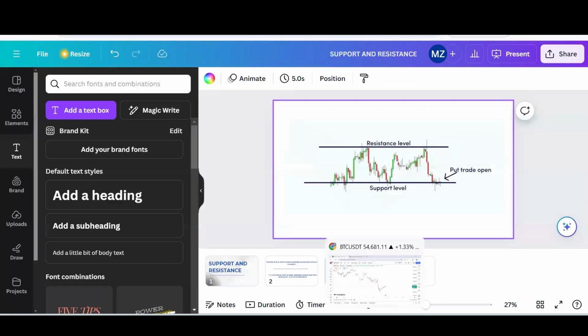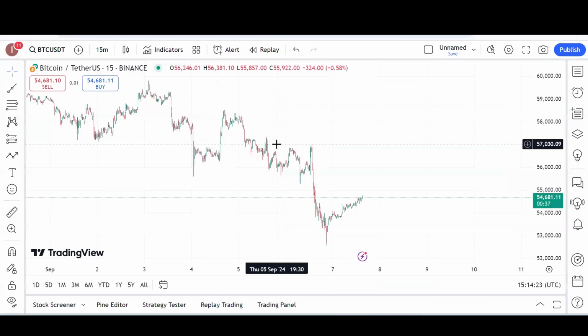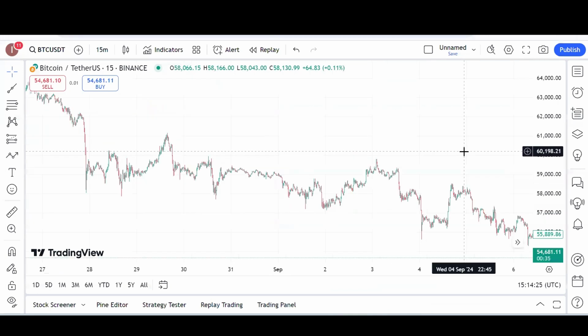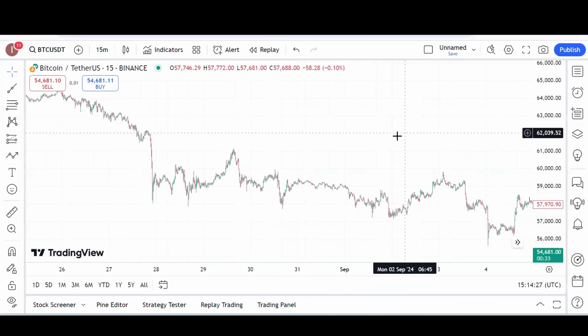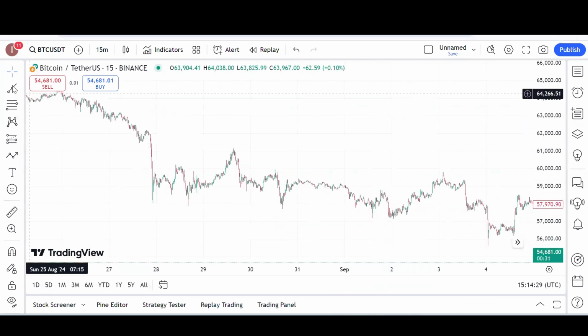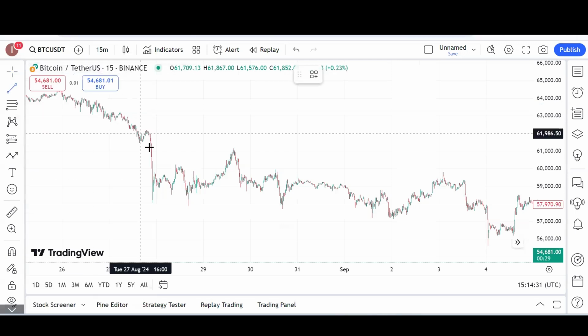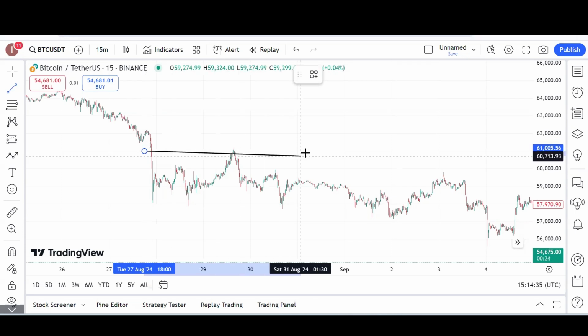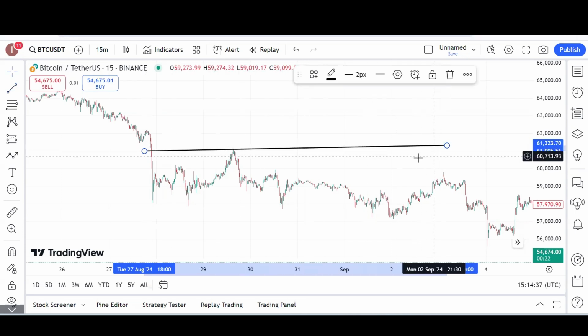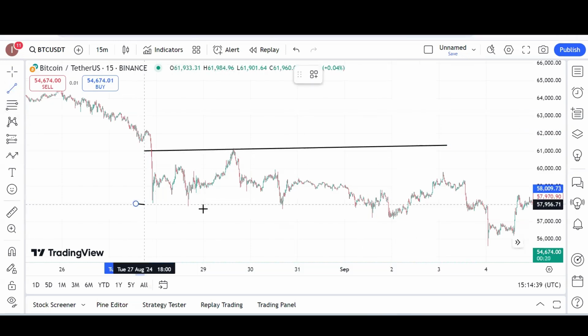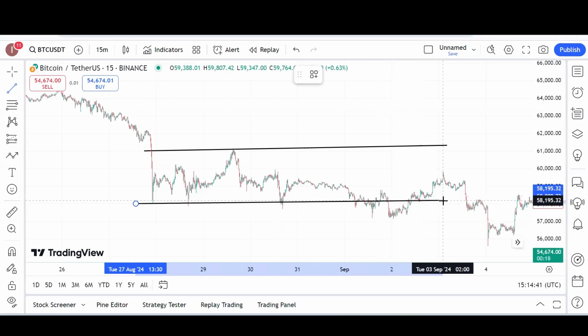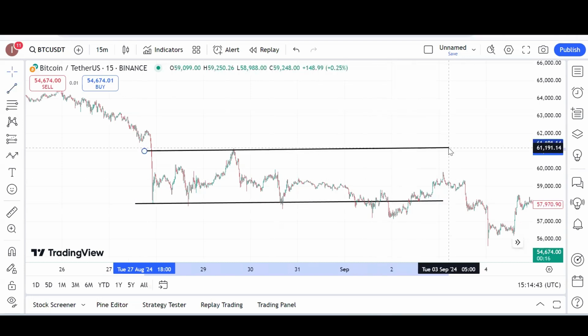Now we go to the live chart of BTC/USDT in the 15 minute time frame, and I will show you the support and resistance. On the chart you can also form the trend line. As you can see, I have formed the trend lines here, and I will show the support and resistance.